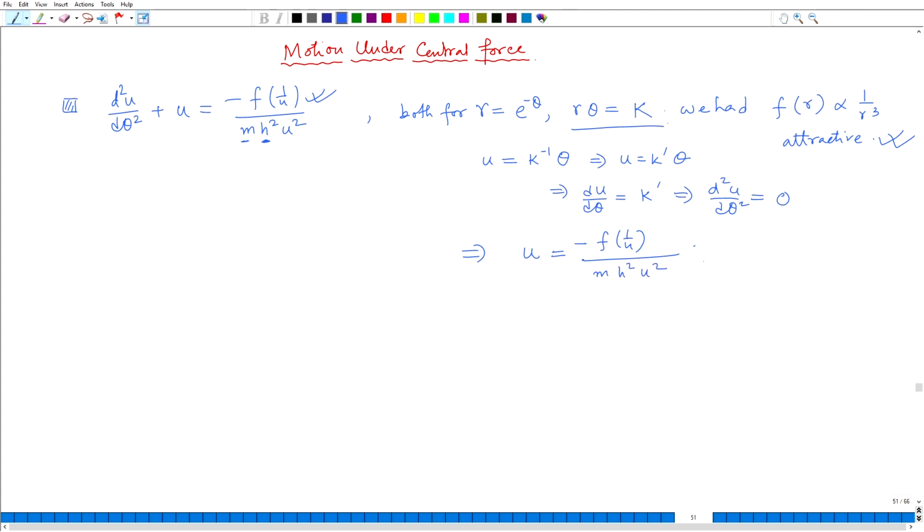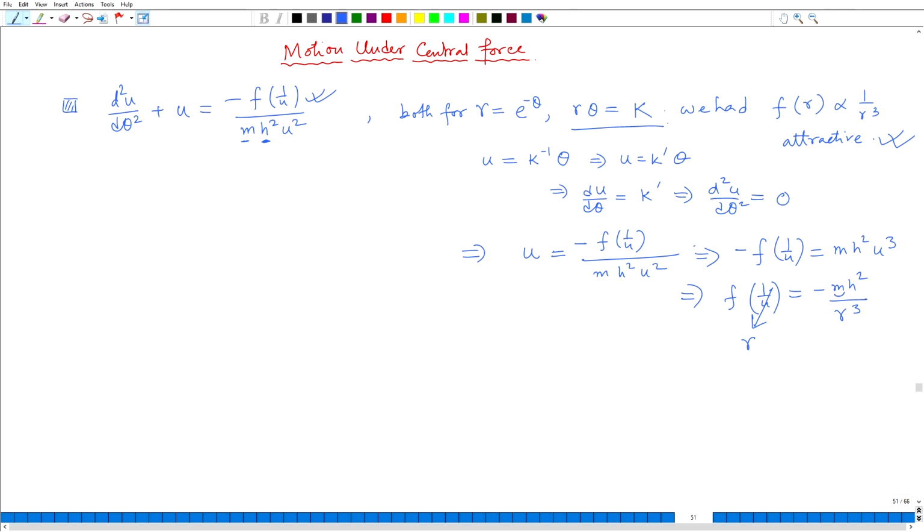This becomes minus f of 1 over u is equal to m h square u cube. Then f of 1 over u is equal to minus m h square by r cube, where you can write this as r.